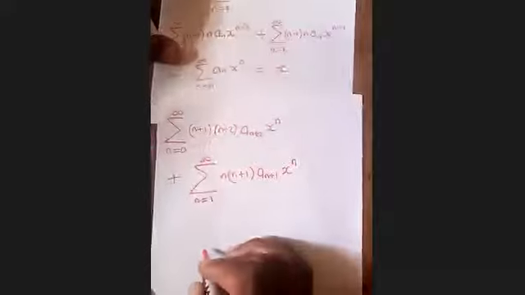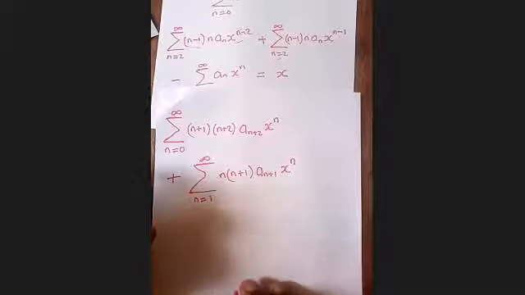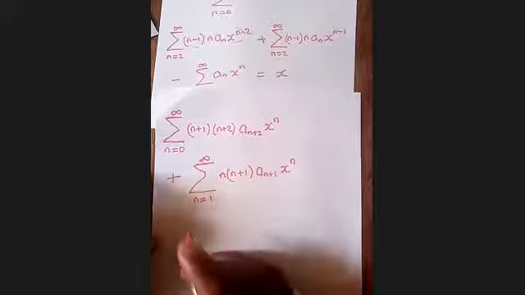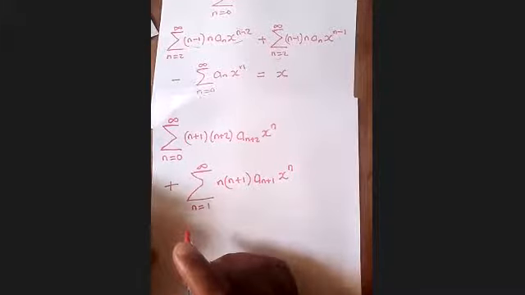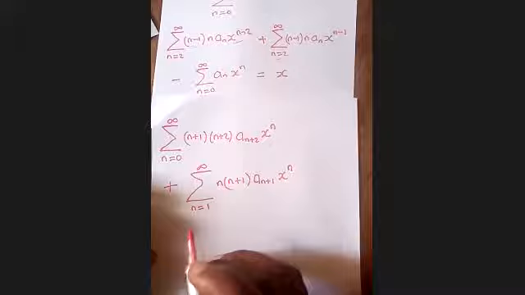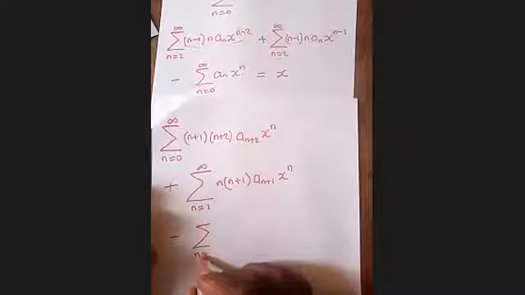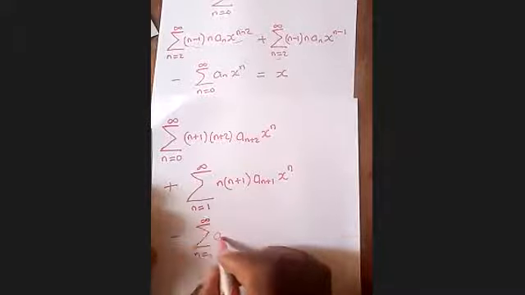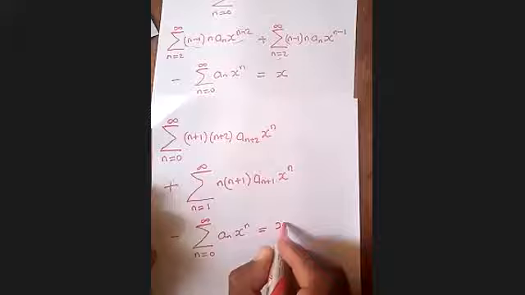Okay. Any questions on this? Is this confusing? No, sir. Okay, the last part still has x to the n, so I just write it as it is. So it's n equals 0, and x to the n is equal to x.